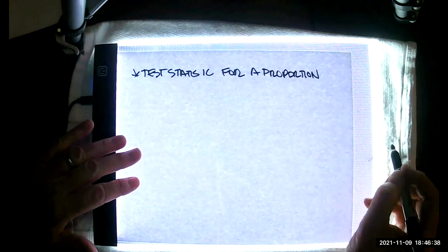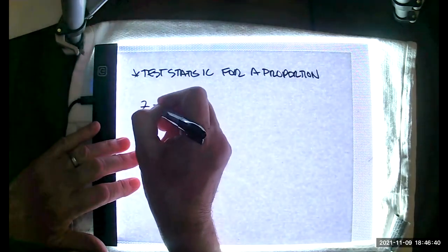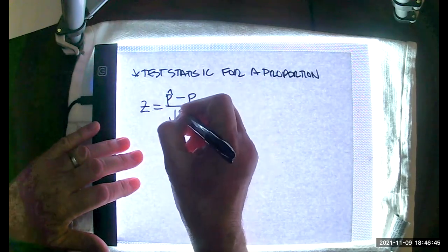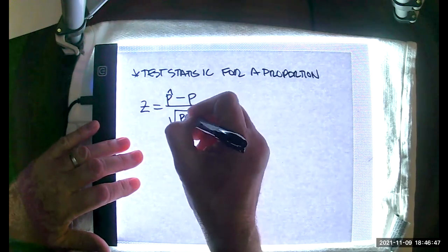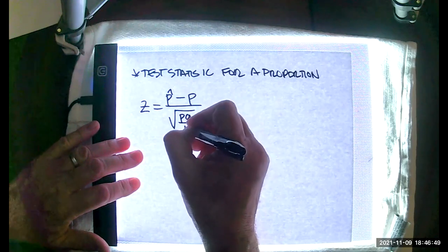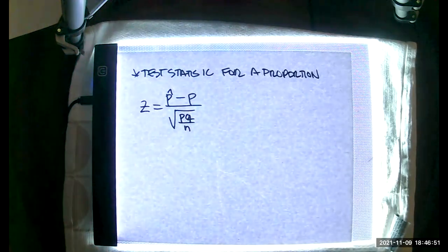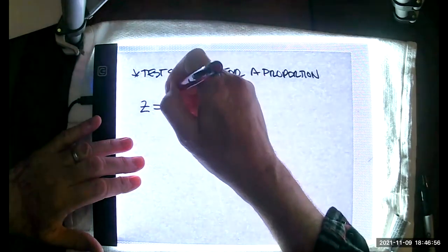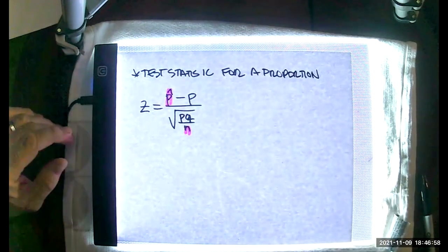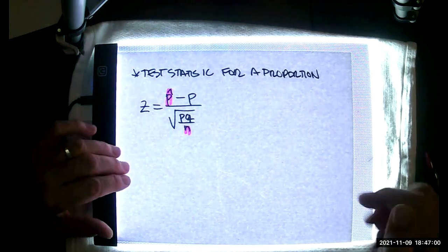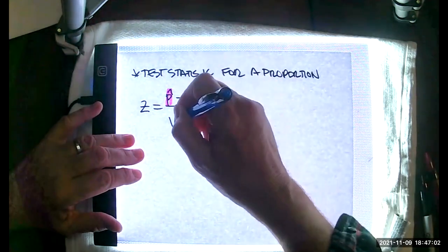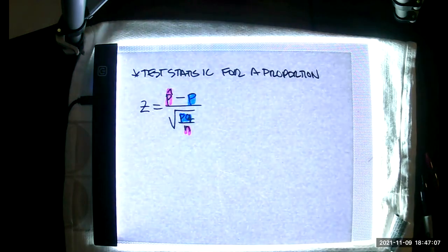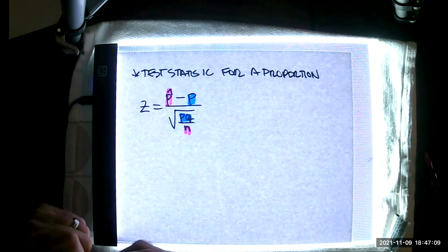So the test statistic for a proportion, z equals p hat minus p divided by, downstairs we got the square root of p hat q hat all over n. And as I pointed out the other day, the p hat and the n come to us from our sample data, while the p and the q come to us from our null hypothesis.